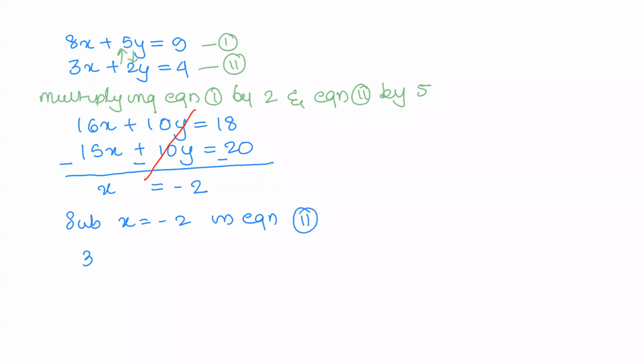So we get 3 times minus 2 plus 2y is equal to 4. So this gives us minus 6 plus 2y is equal to 4. So 2y is equal to 10, and the value of y becomes equal to 5. तो ये हमारे y की वैल्यू आ गई.